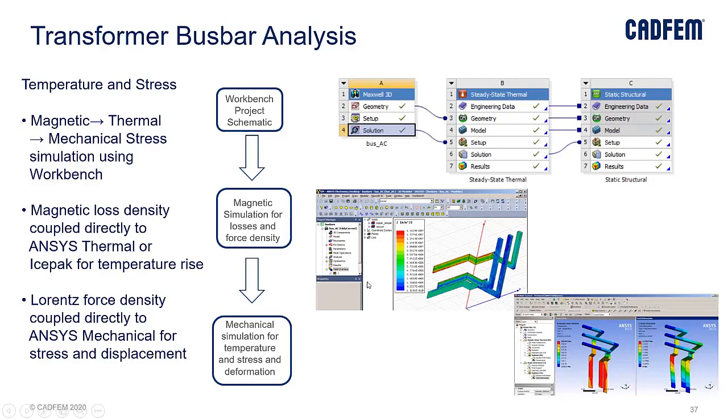So this is basically the Ansys Electronics Desktop to understand the electromagnetic behavior, where I'm plotting the current density, and this will be transferred to Ansys Mechanical to understand the steady-state thermal and the structural behavior. You can see the deformations on the bus bars and the stress on the bus bars. Hand over to Tanakus.